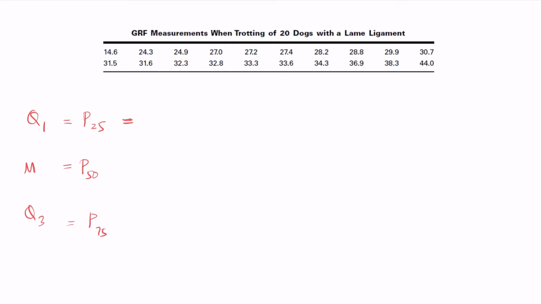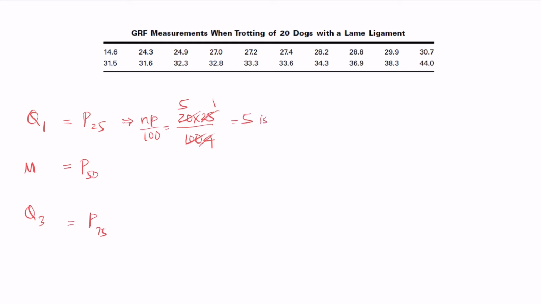So one way you can do it is to find nP divided by 100 for P25. Here there are 20 observations, so 20 into 25 divided by 100, which is 5.